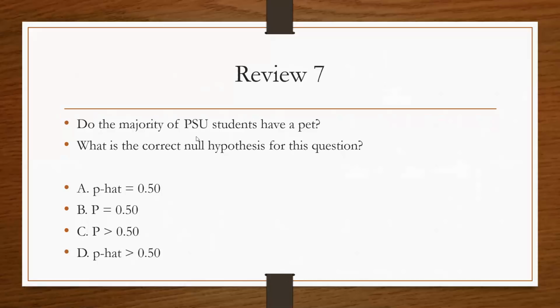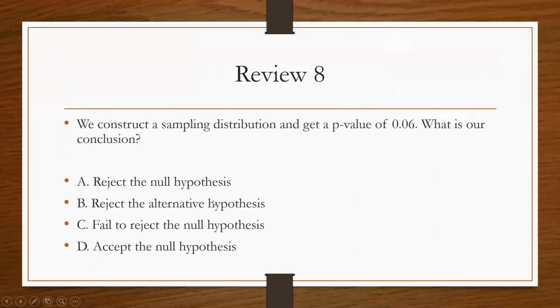All right. So yep, it's p equals 0.5. That's the null. The alternative would be p is greater than 0.5. So good job. I know this question might have been a little bit confusing just because it's asking a question here that you'd immediately kind of leap to look at the alternative, but really no.